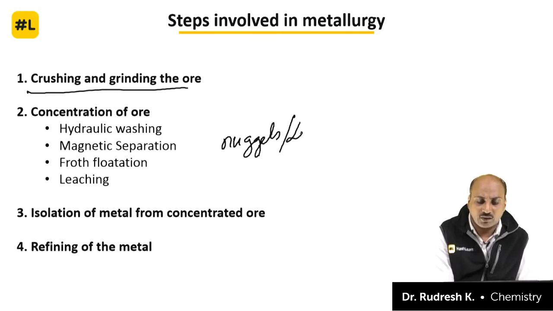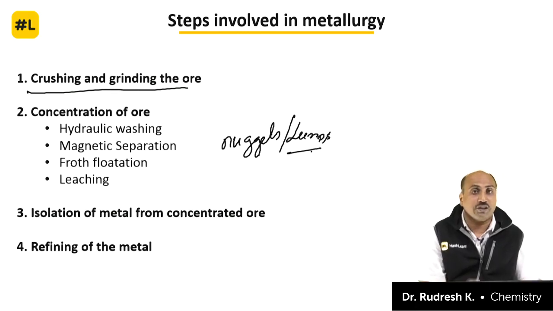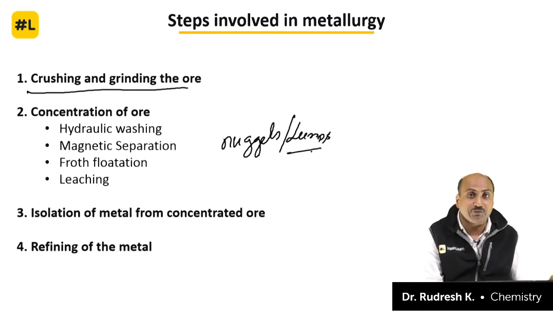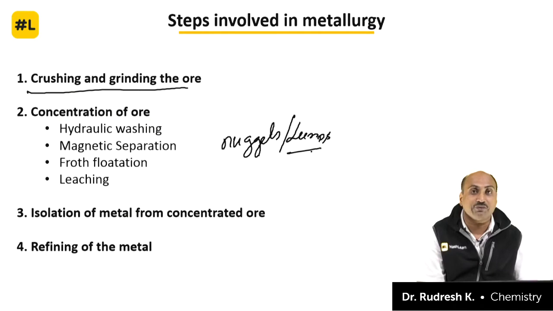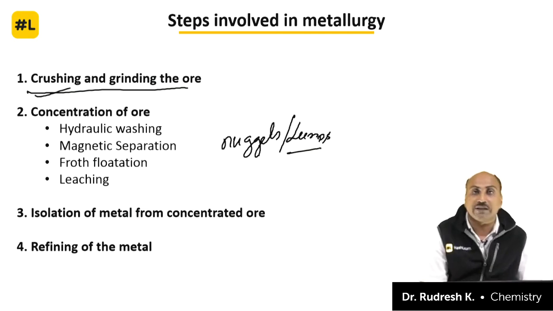These are usually large lumps, large in size. They are mined from the earth's crust and sent for a process called pulverization. The process of making bigger particles, a rocky material, into fine powder is called pulverization. This is the first step.